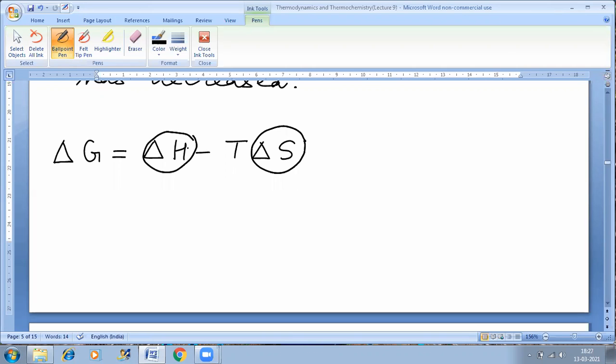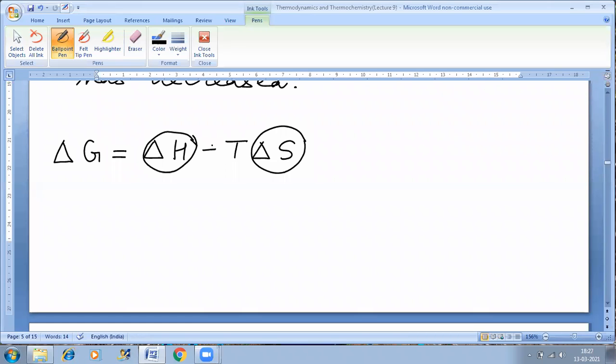Now, if I see the sign of this and the sign of this, sign means positive or negative. So if I compare and then take a decision, then only I can predict the sign of delta G. Because for a spontaneous reaction, delta G has to be negative.